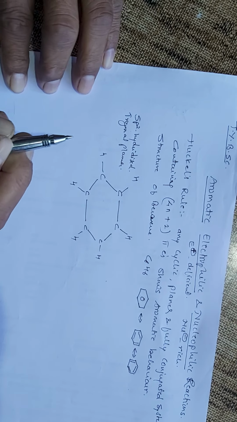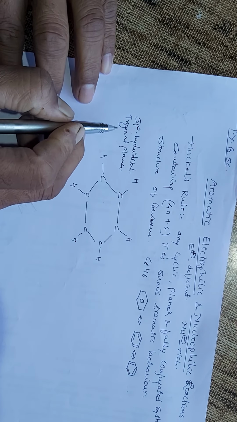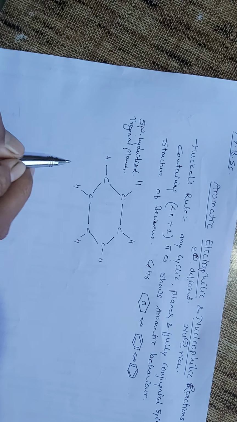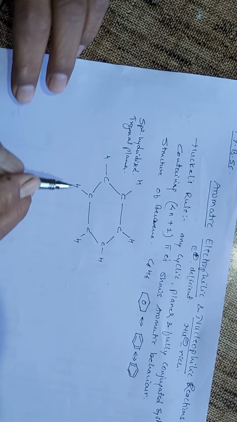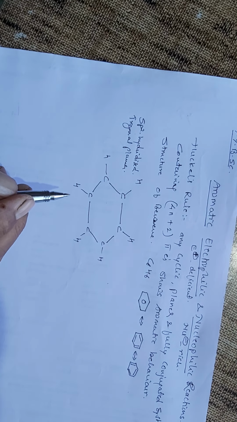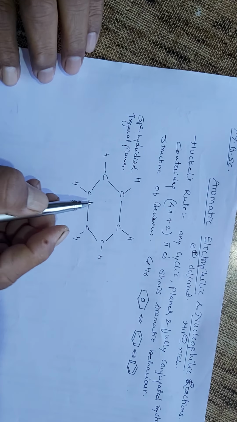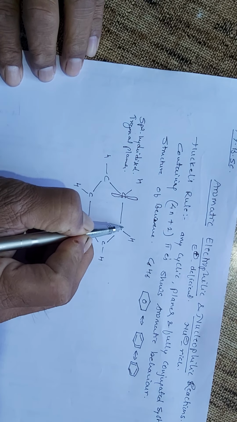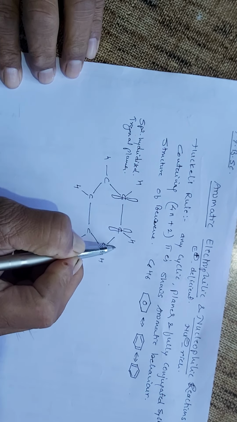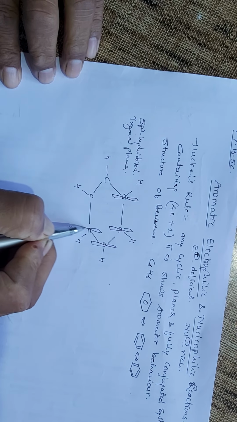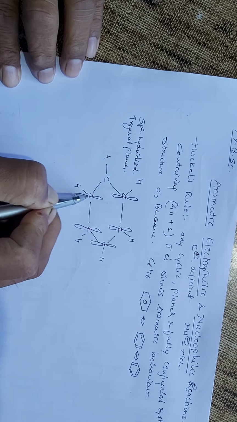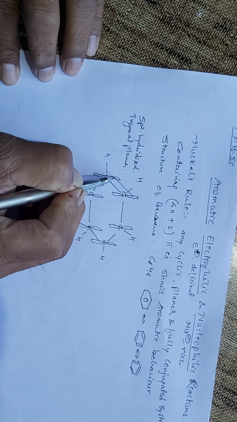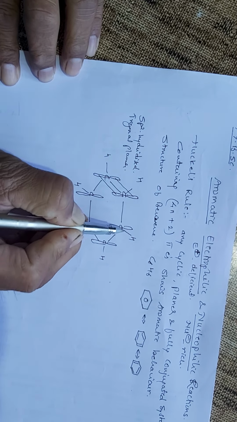When it is trigonal planar, there are three hybrid orbitals and one unhybridized orbital, so each carbon contains one unhybridized orbital. When these come on adjacent carbon atoms, they have a tendency to overlap laterally and form a pi bond.